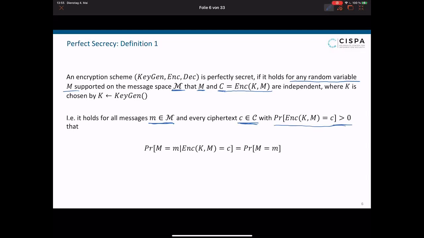It should hold that the probability of M equals m, conditioned on the ciphertext being c, is the same as the probability of M equals m. So let's interpret this.